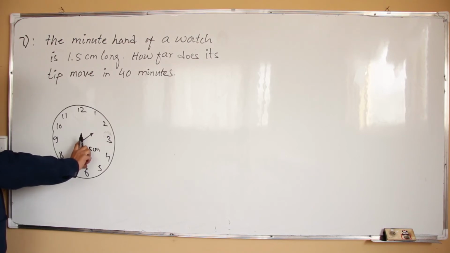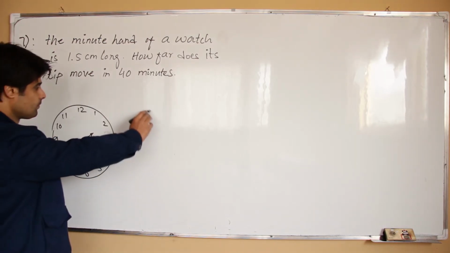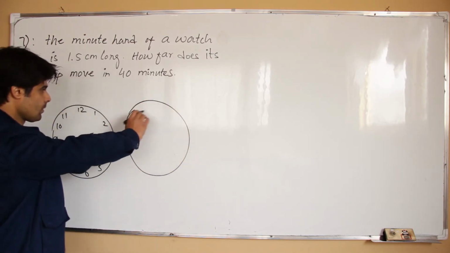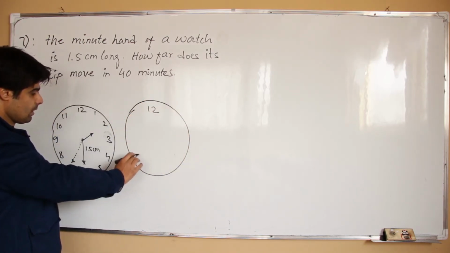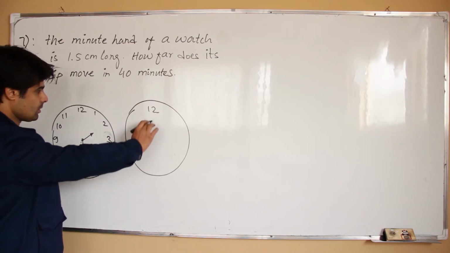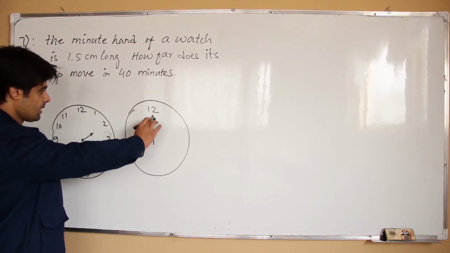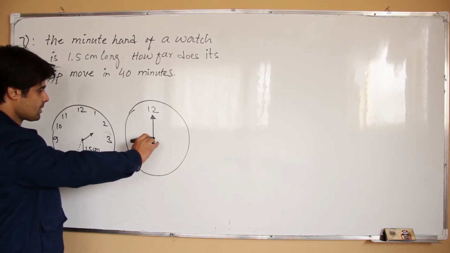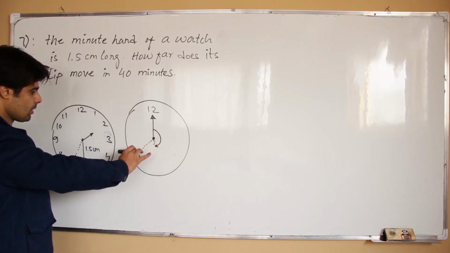In 40 minutes, it comes from 12 up to here. From 12 up to what? Up to 8. This is our minute hand. It moves on this side up to here.